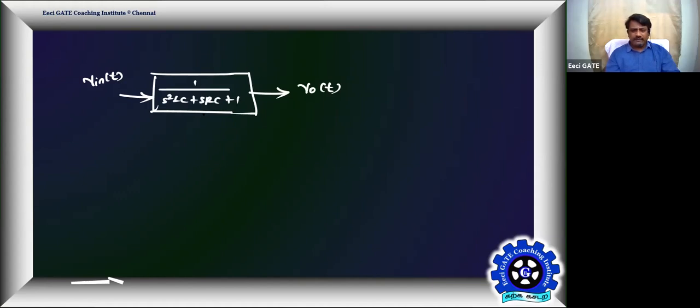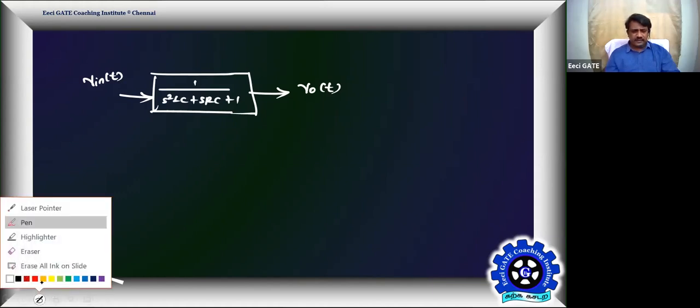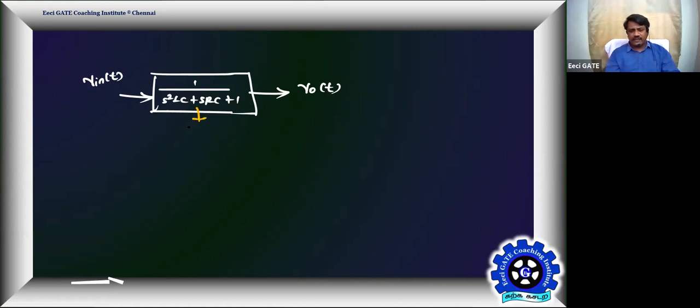I can modify this system by taking LC common, or dividing numerator and denominator by LC. We end up with 1 by LC, the whole divided by S square plus SRC by LC.